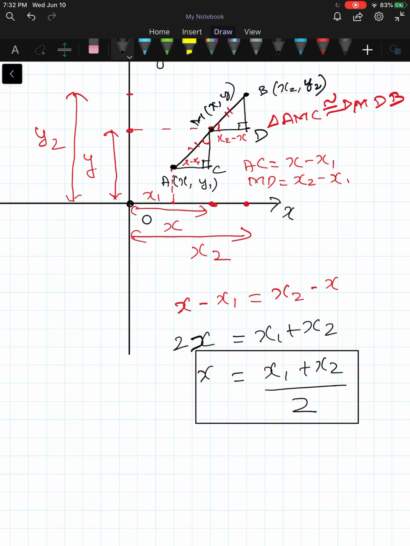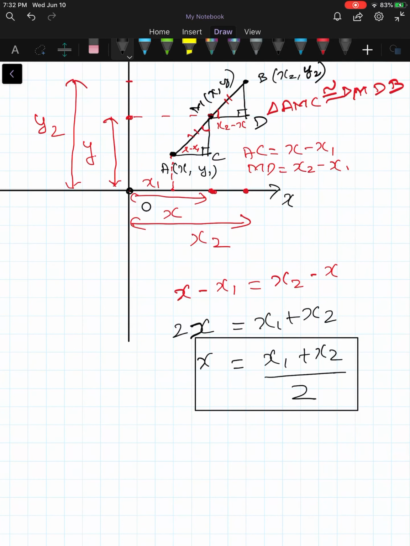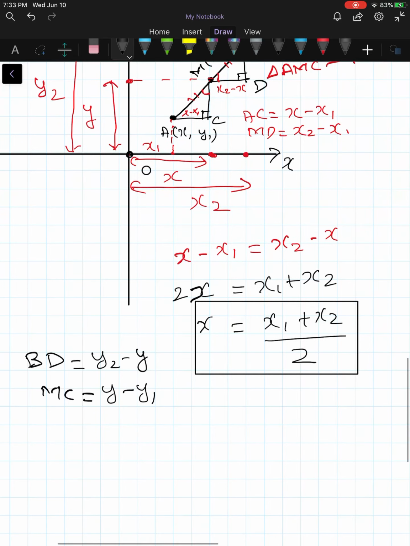Similarly, if we calculate y coordinate, BD in the triangle is nothing but y2 minus y, and MC in the triangle AMC will be nothing but y minus y1.